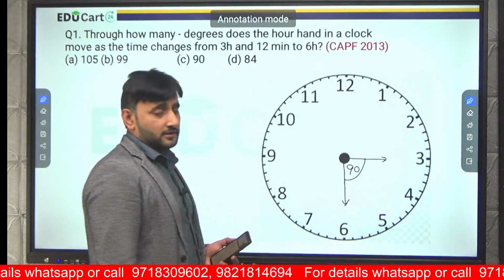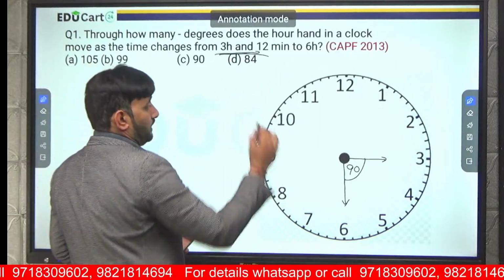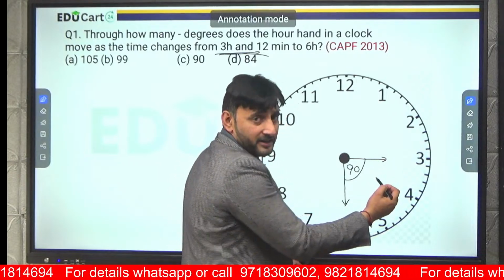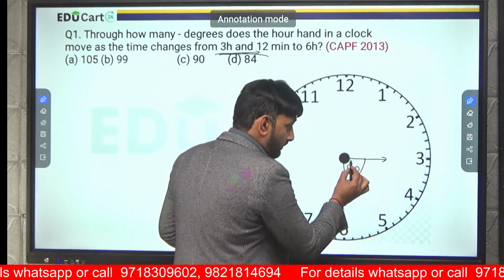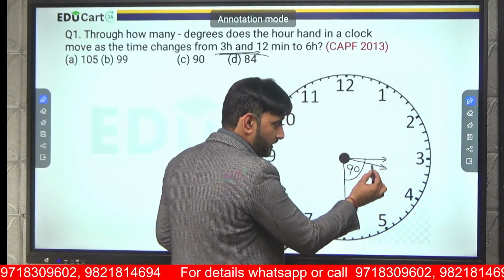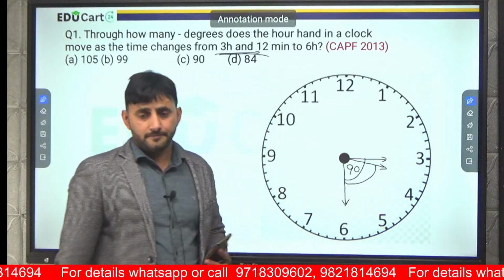And we know that at 3:12, the hour hand will not be at 3. It will be slightly ahead of 3. If the hour hand will move ahead, then the angle will be more than 90 or less than 90?